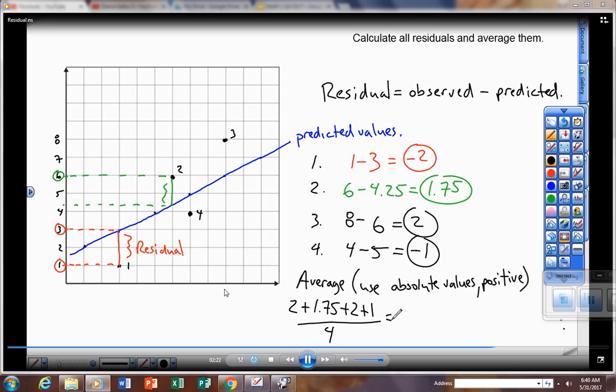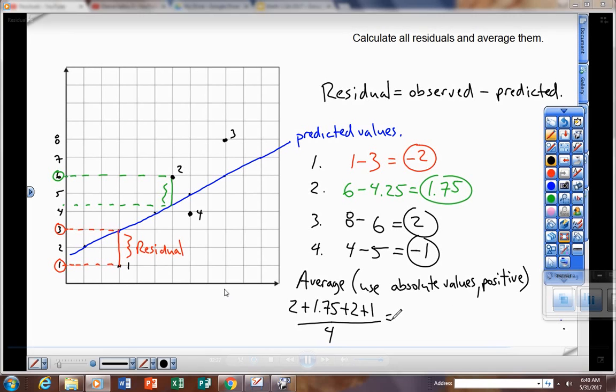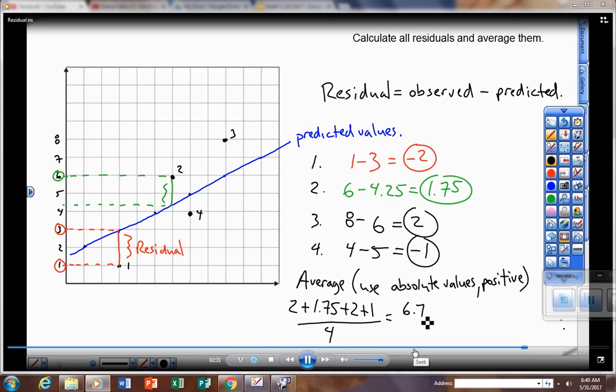That gives me 6.75, I believe, divided by 4, and that gives me a raw value of 1.6875, rounded to the second decimal place gives me 1.69.